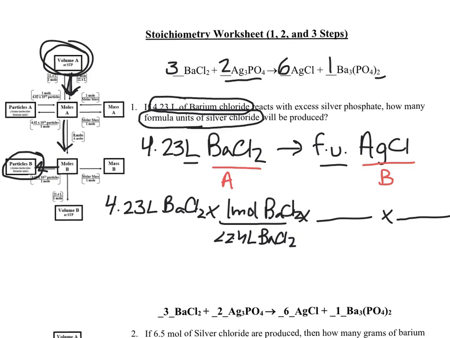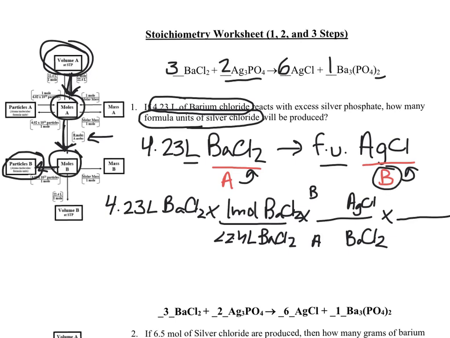All right? Now that we've gone there, we're going to go from moles of A to moles of B. And on your mole map, it says to put B moles over A moles. So since our B object is AgCl, that is going to go on top. And since our A moles is BaCl2, that will go on the bottom. Now the number that we'll use is from the balanced equation. So since we're dealing with B first, that's AgCl, that's the number up here, 6.